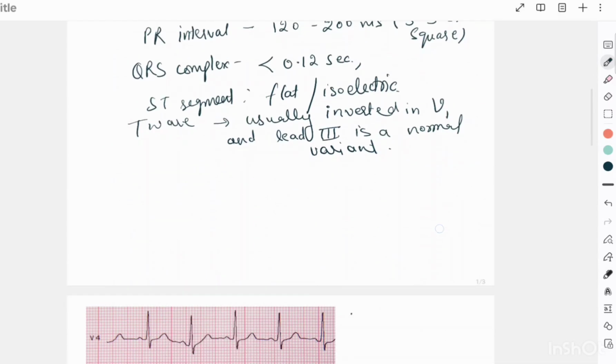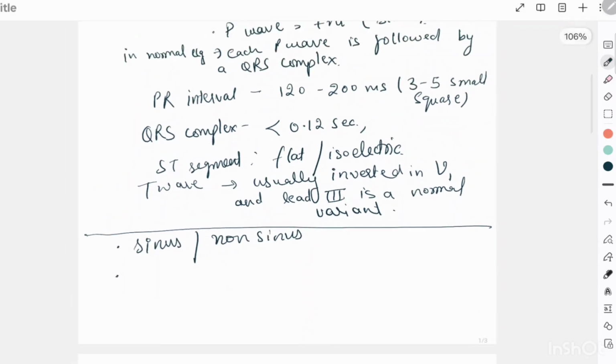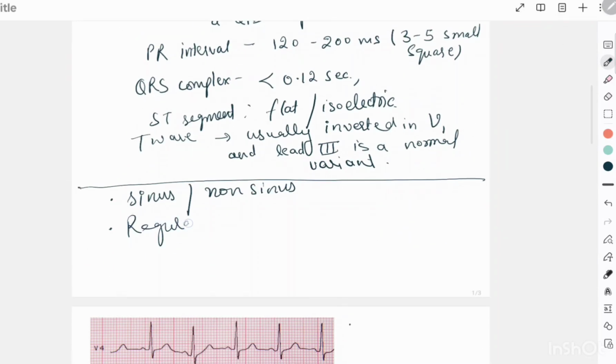Fine. Now we will go through the algorithm. What we have to see first in an ECG is whether it is sinus or non-sinus. Second criterion: rhythm is regular or irregular. Third criterion: we have to find the heart rate.